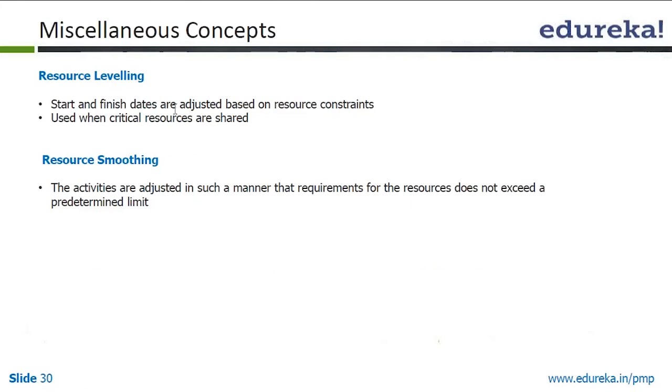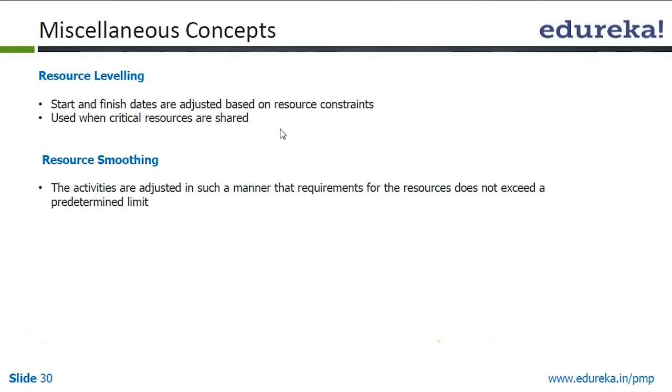So resource leveling, start and finish dates are adjusted based on resource constraints. So used when critical resources are shared. So you need a specific user experience expert, and you need that user experience expert to go through your user interfaces and give his or her comments or suggestions. Now after that only you will be able to finalize the design of the user interface.